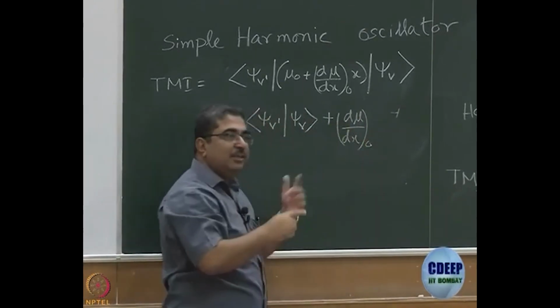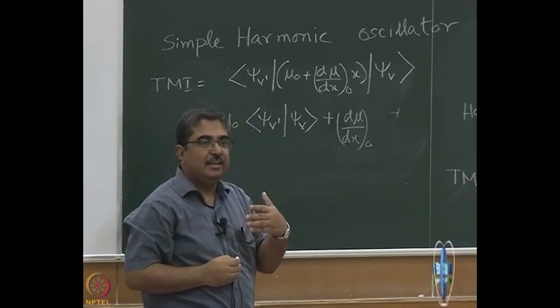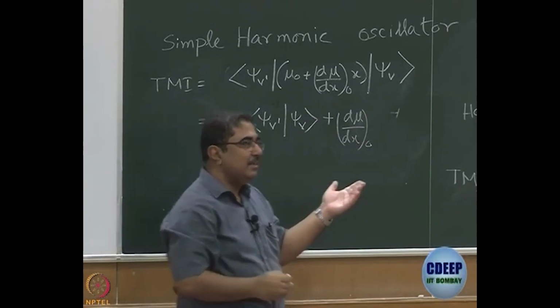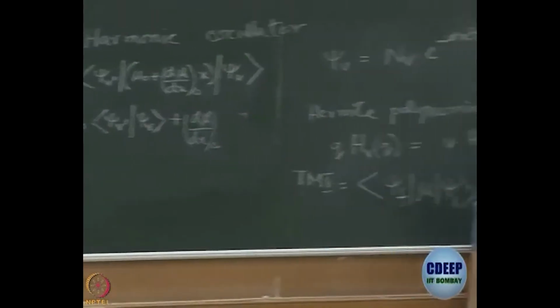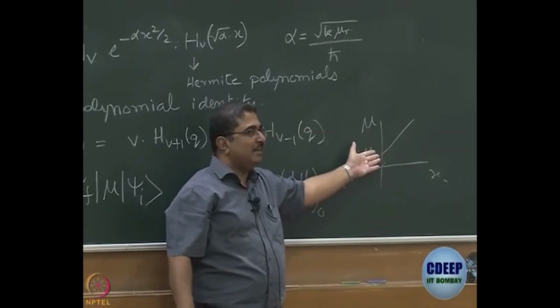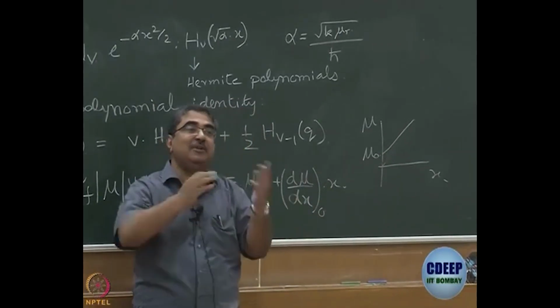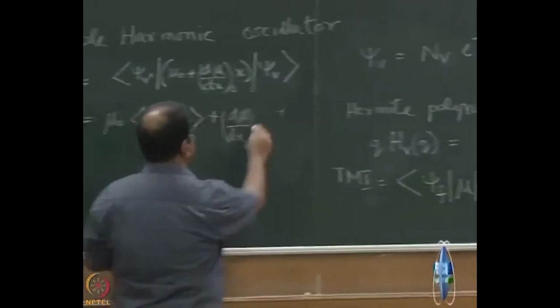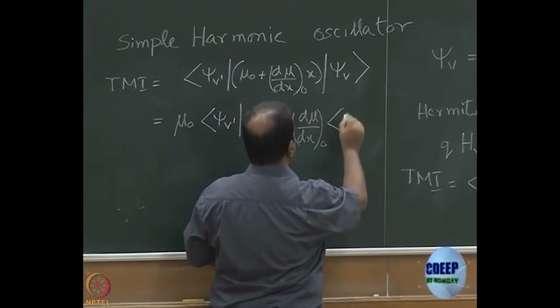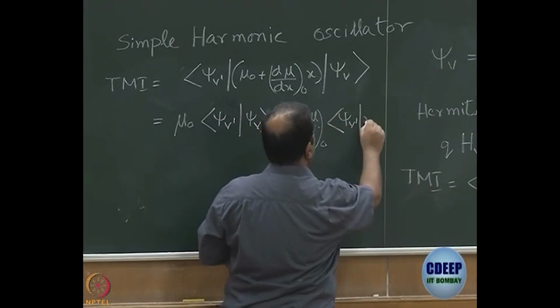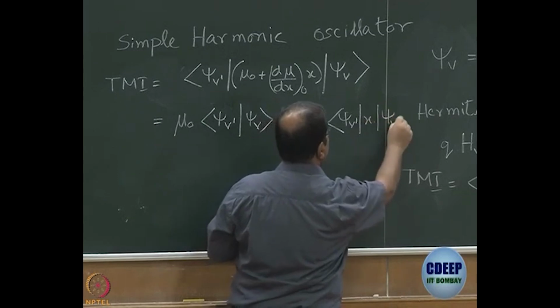Can I take d mu dx 0 outside the integral? When it is independent of x. If you work under this approximation, then d mu dx 0 is independent of x, since it is very close to the equilibrium position. That comes outside the integral, and inside you have psi v dash x psi v.